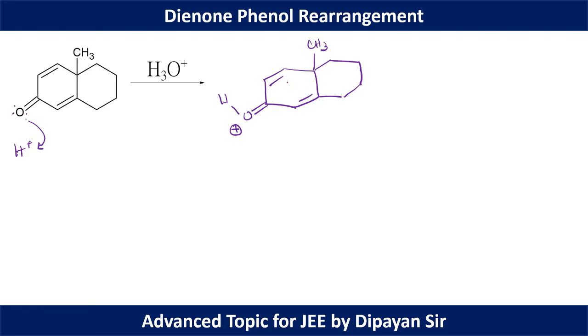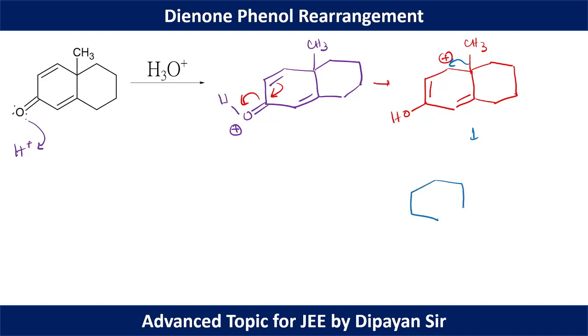Now, to stabilize that oxygen, these pi bonds will be shifted and we can have this kind of intermediate. Now this methyl group will migrate towards this carbocation and we can have this intermediate.